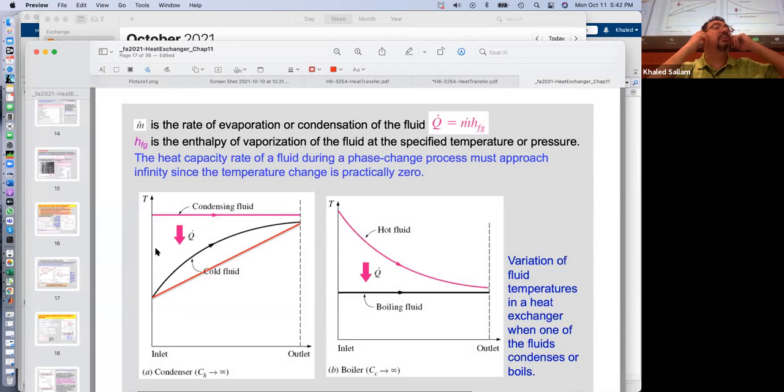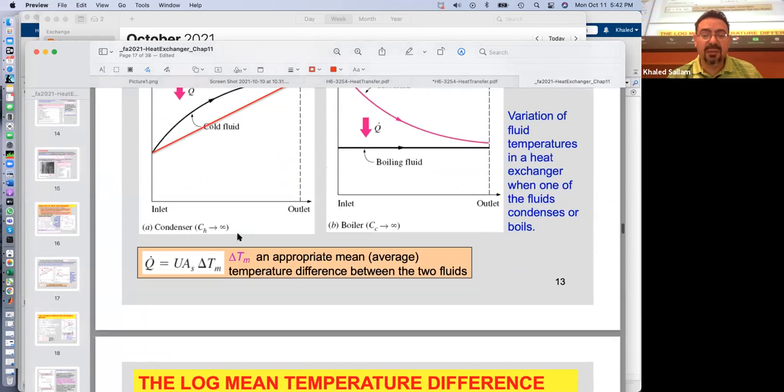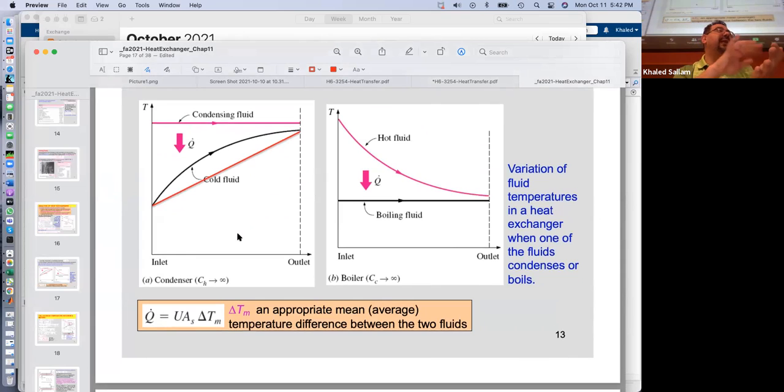So the logarithmic mean temperature difference is always accurate, but it's not always required. A mathematical average will work just fine. If you don't have a ln on your calculator and you are running out of time, we can use a mathematical average if delta T1 and delta T2 are close.